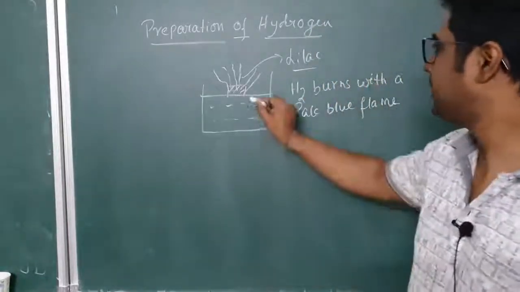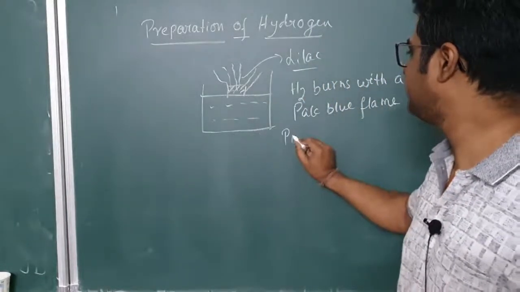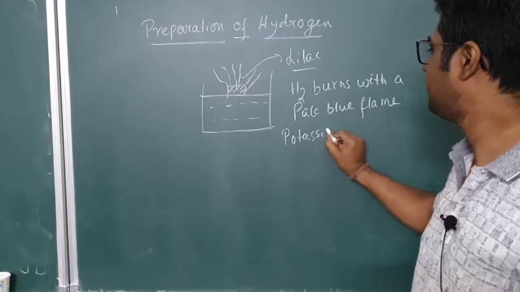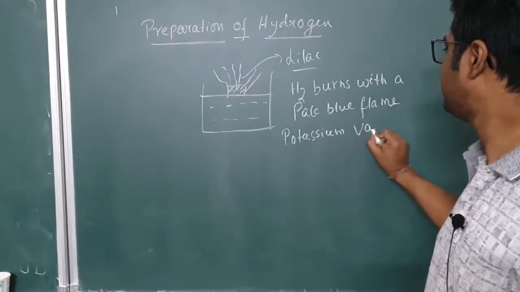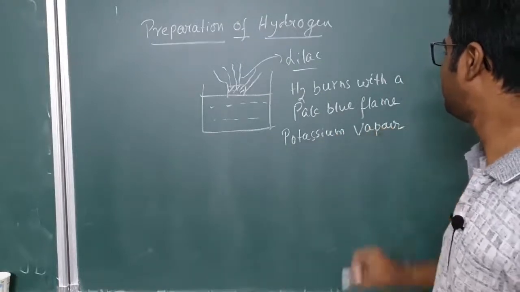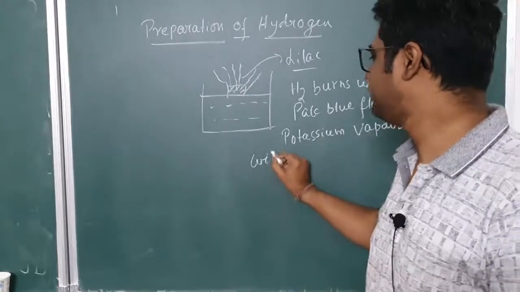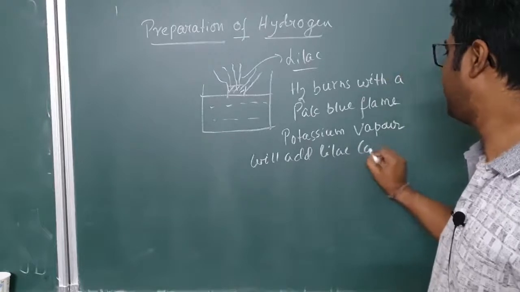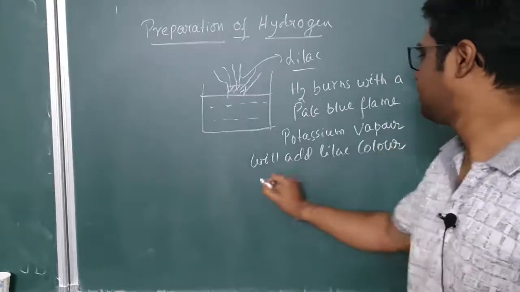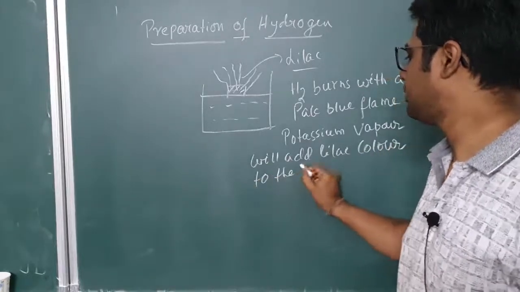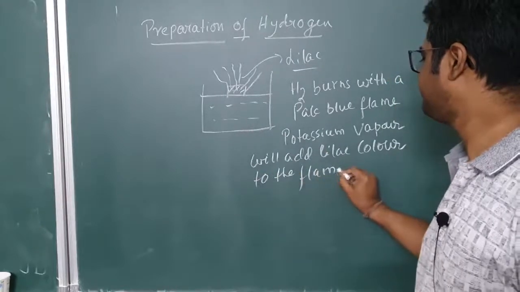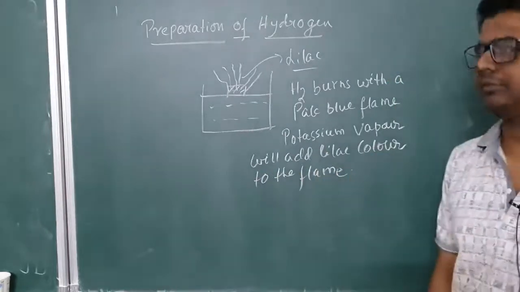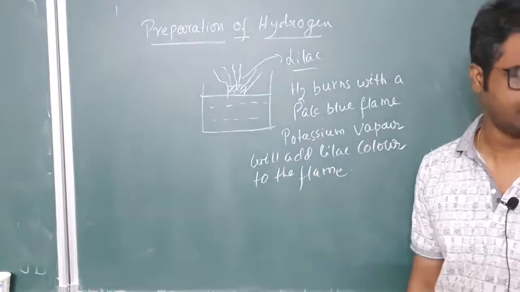So this potassium vapor will add lilac color to the flame. Okay, presence of potassium vapor will add lilac color to the flame.